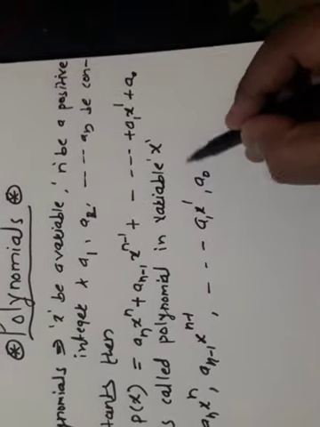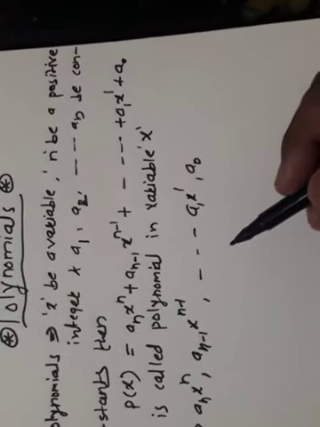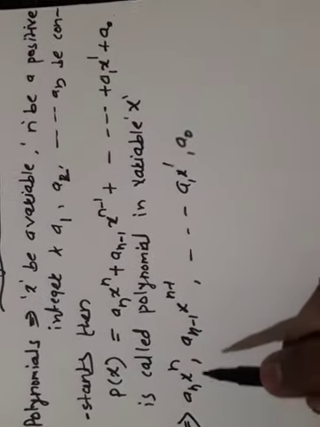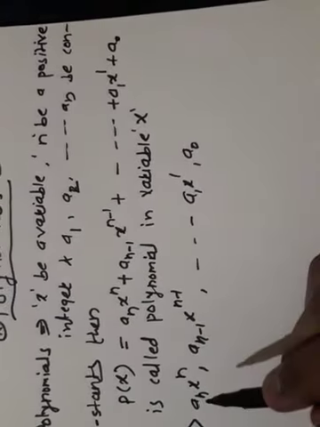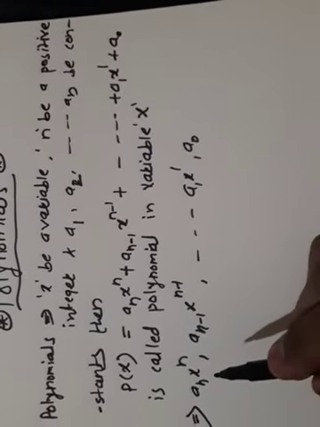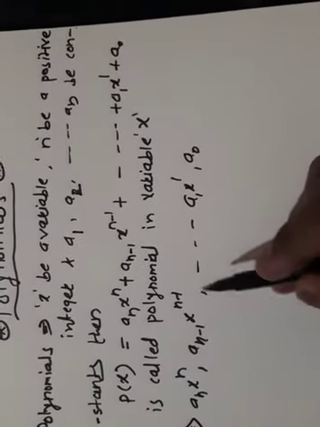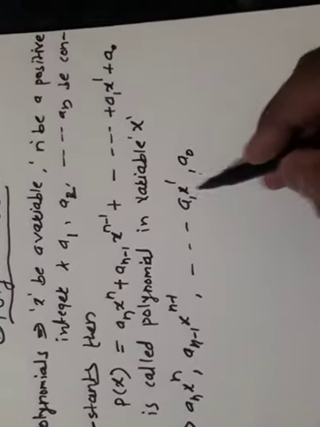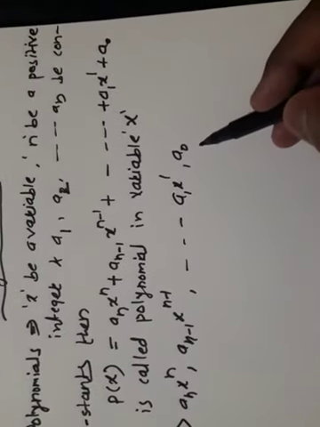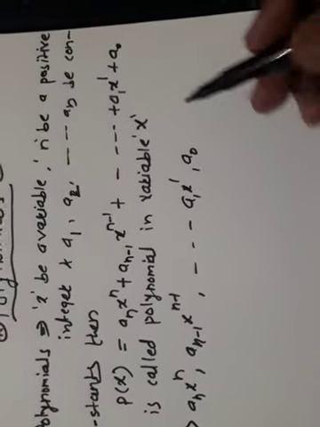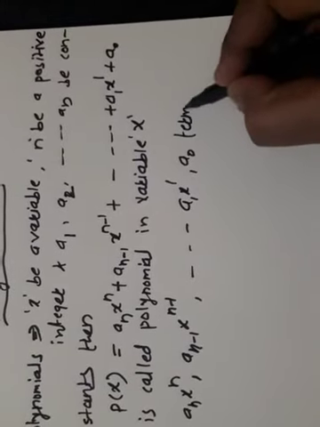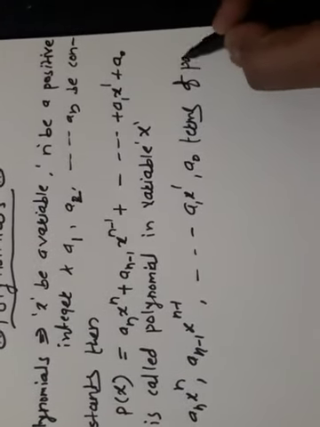We can write x raised to 0 also, but that will be 1, that's why I have not written it here. All the terms which I have written, an x^n, a(n-1) x^(n-1), a1 x^1, a0, are known as terms of polynomials.